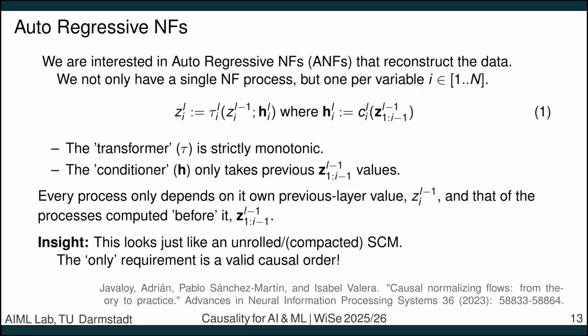This only requires the causal order, but it does require the causal order, so it's not that we can simply put all our observed data there and let it run and it will figure things out independently. At least we need to know in which order these variables occur in the causal graph, because we need to structure our normalizing flows according to it.